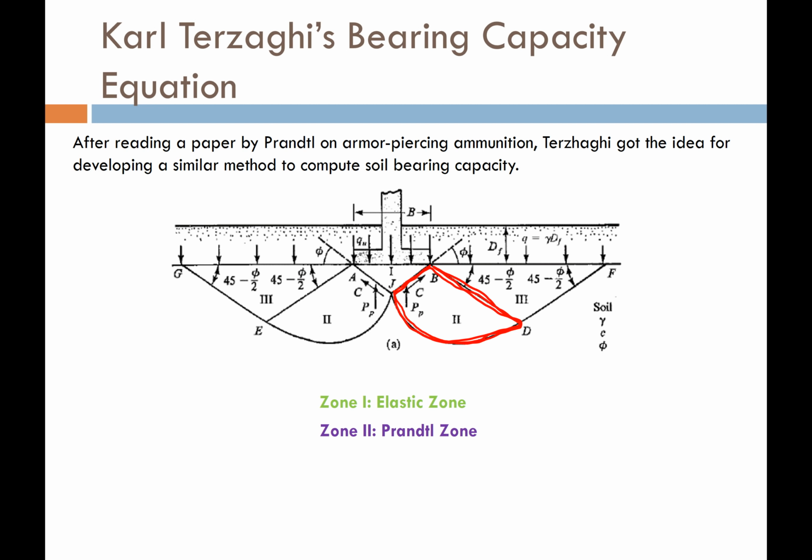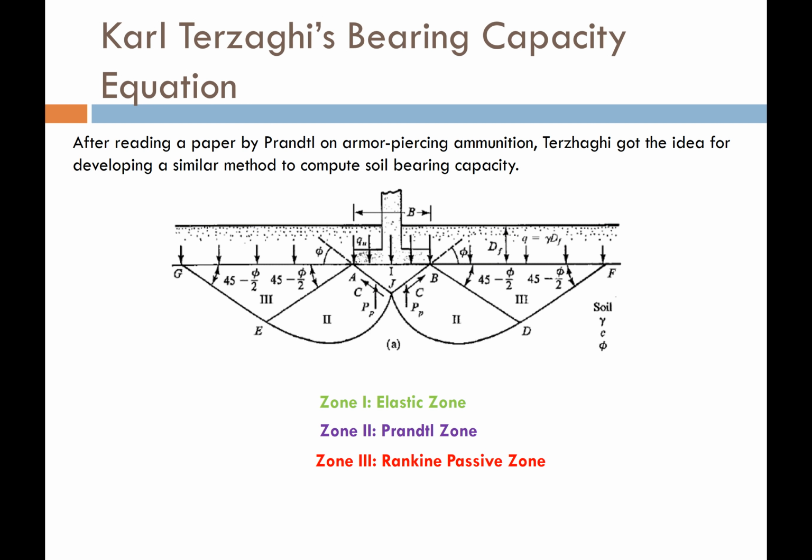In the Prandtl zone, the shear plane develops and begins to seek the path of least resistance. The shear plane isn't just going to keep going down into the soil, because if it did, it would require more and more resistance. Rather, the shear plane is going to turn around and head back up to the ground surface, because that is the path of least resistance.